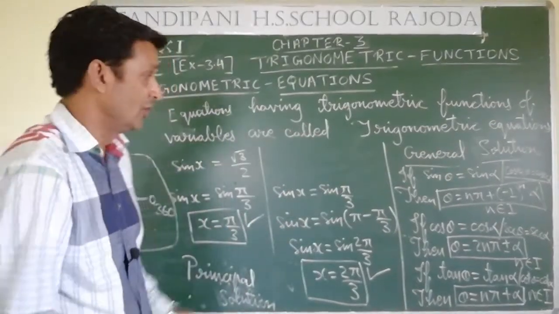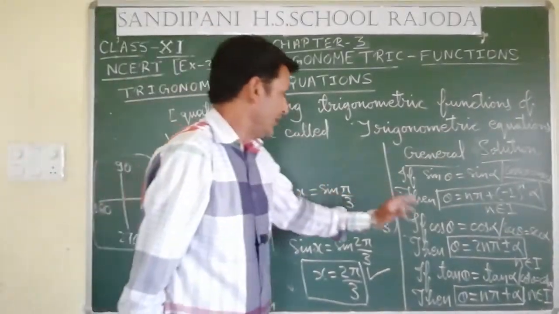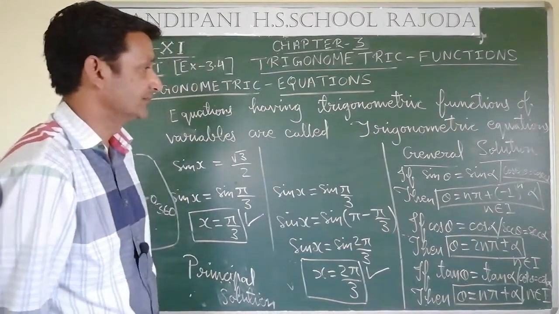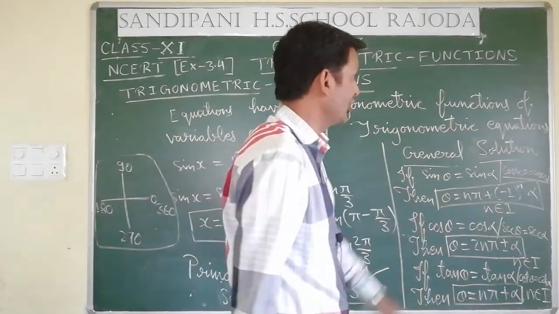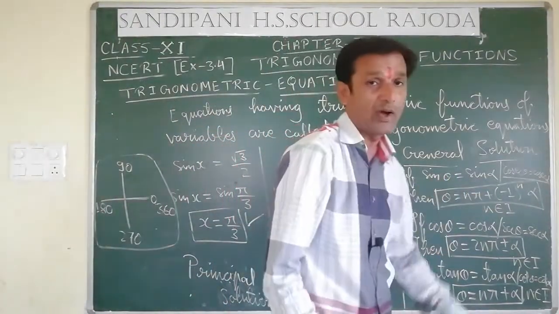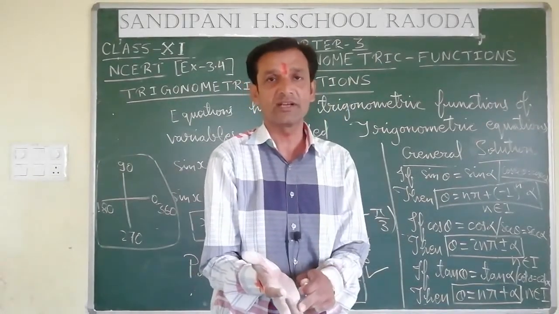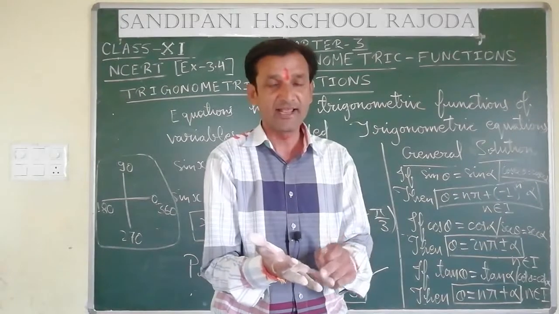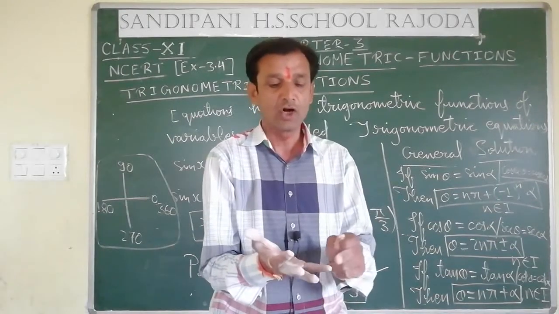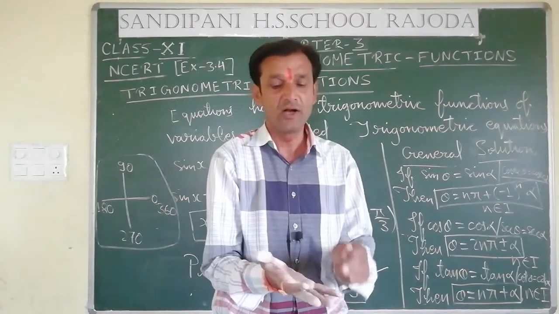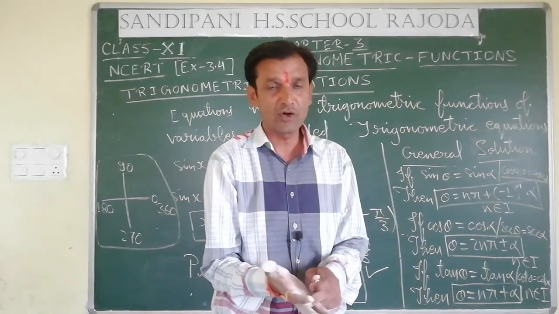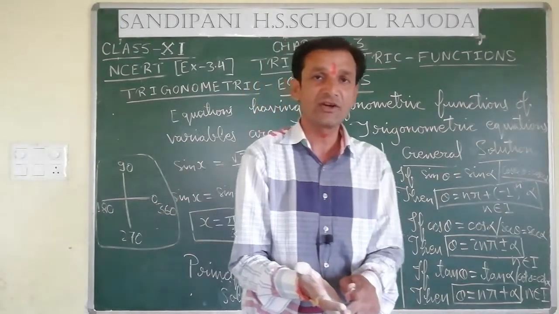So let me tell you one more thing: if any of the trigonometric ratios has a square, meaning sin square theta is equal to sin square alpha, cosec square theta is equal to cosec square alpha, tan square theta is equal to tan square alpha, cot square theta is equal to cot square alpha, cos square theta is equal to cos square alpha, or sec square theta is equal to sec square alpha.